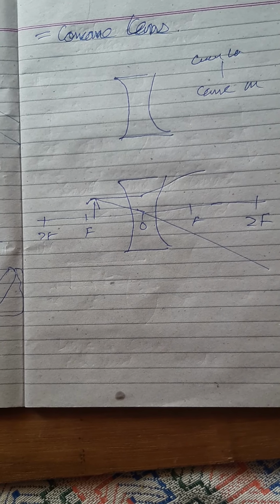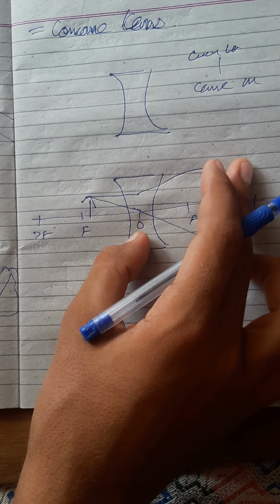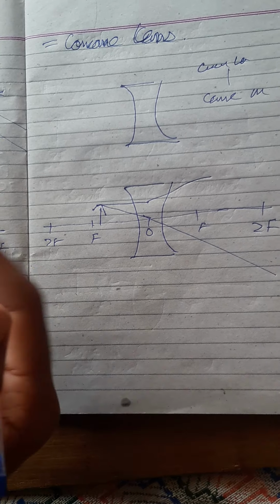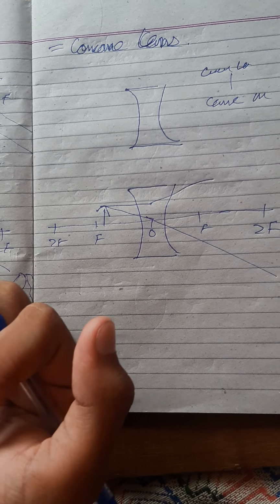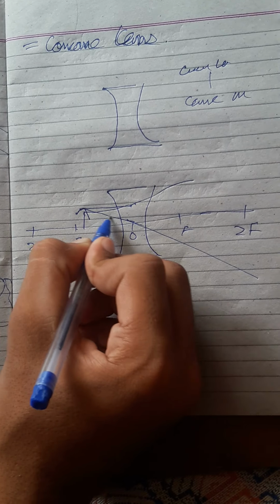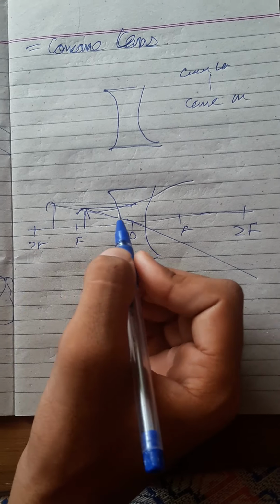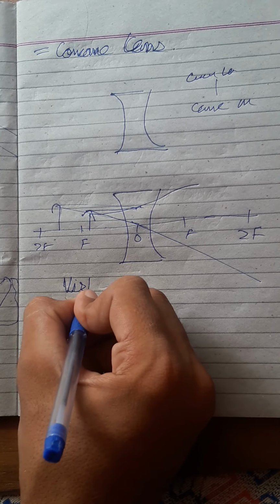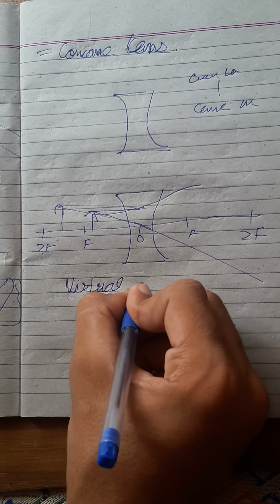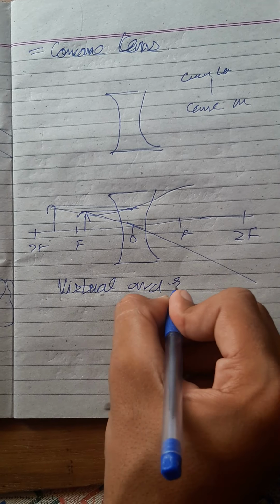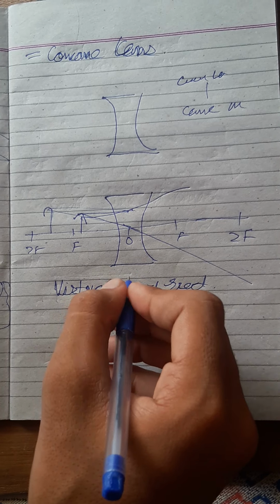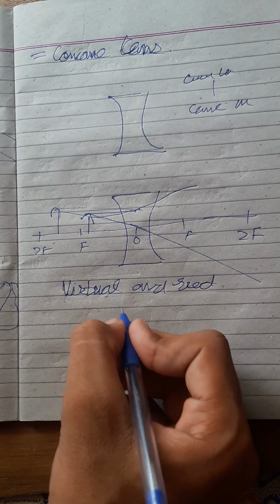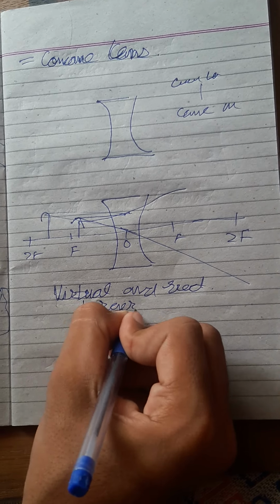We know that a concave lens diverges the light, and diverged light always forms virtual and erect images. So in any case the lens would form a virtual image. When the object is placed at any point, the image would always be virtual, and erect, and the image is smaller in size.